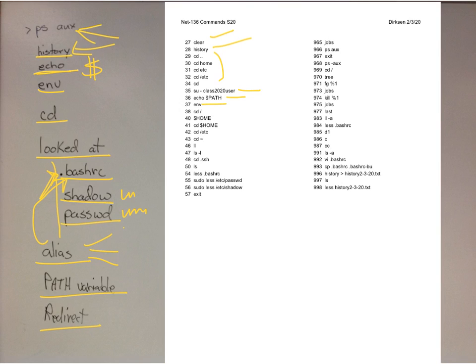We typed env, which showed us all the environmental variables, changed to the root directory, the very top directory in our hierarchy. The home environmental variable has the path to our home directory, so you could type that, even though there's simpler ways to do it.